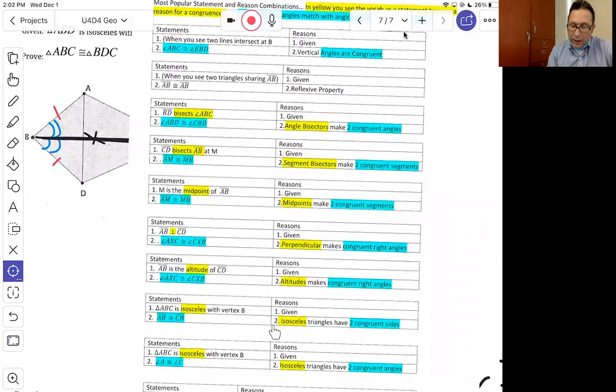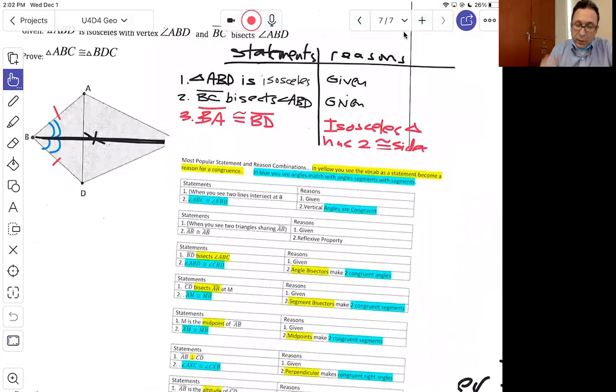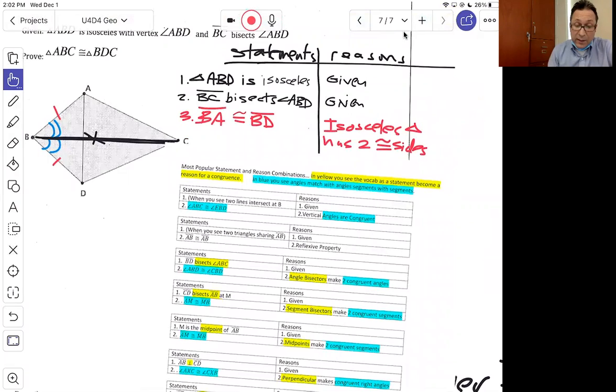So an isosceles triangle is a useful fact because we can get sides when we need them, and we can get angles when we need them. Okay, looking at what I wrote down, those red sides BA and BD are the same size because isosceles triangles have two congruent sides.